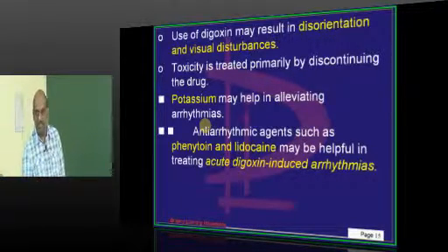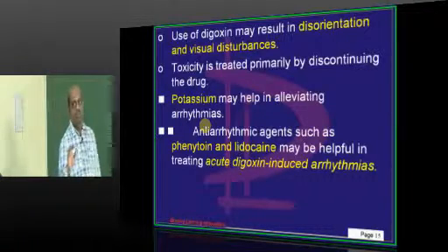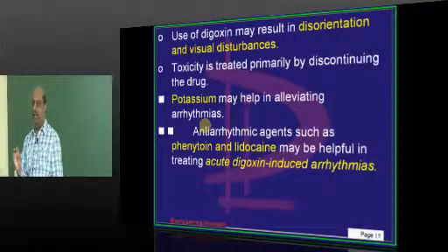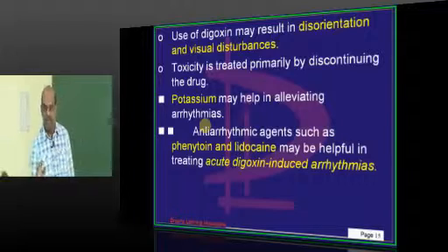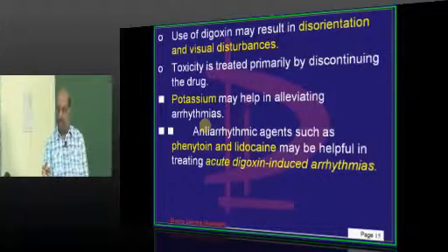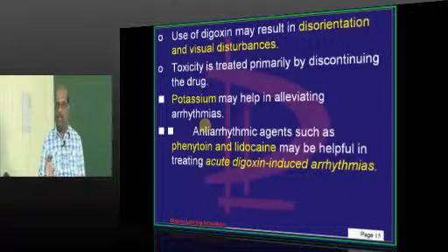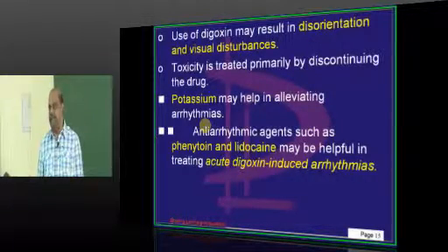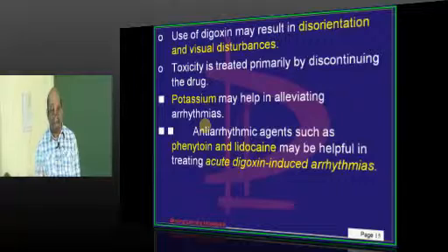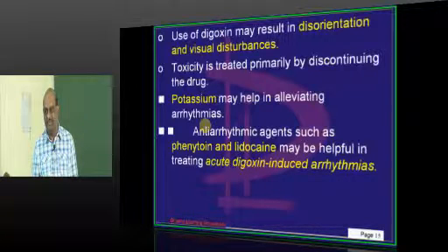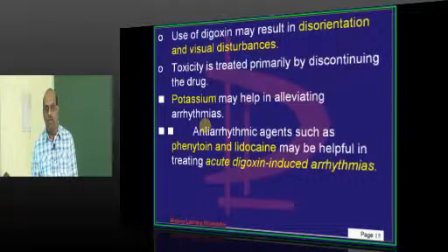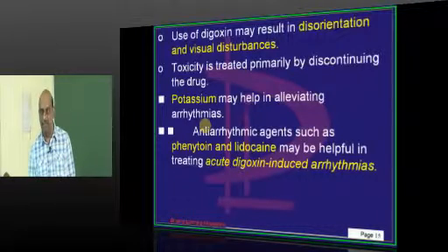How will you remember that? What is the dirty job done by digoxin? It will go and block the sodium potassium ATPase pump, so that it will prevent potassium from entering into the cell and sodium from going out. That's the natural state, right? So you have given digoxin, it is doing that.